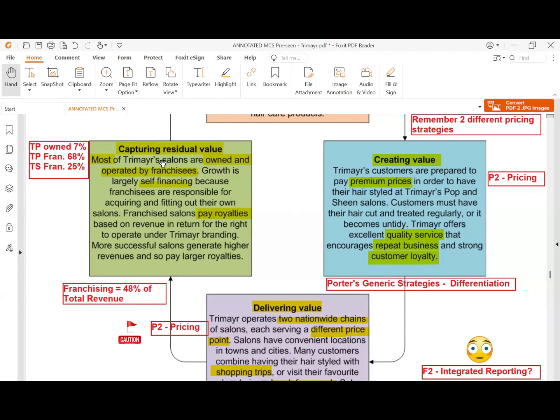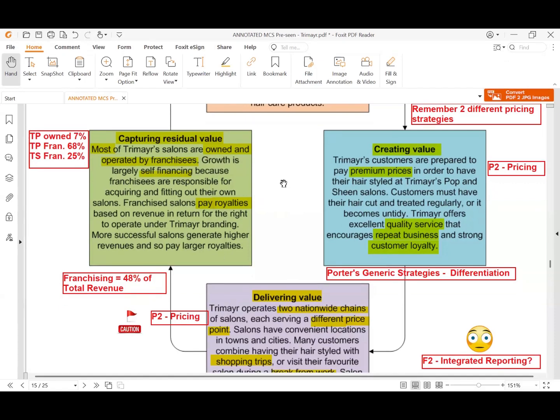No, no, no. What we're talking about here is the idea that this myriad of different stakeholders who have an interest in this business, that could be the government, it could be the franchisees, it could be the end consumers, it could be the employees. The bottom line is that Trymar is very, very good at creating that value and indeed capturing it and passing it out.